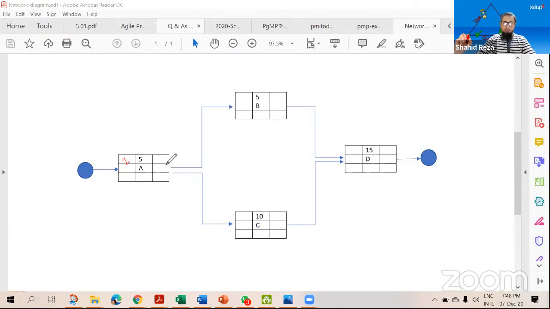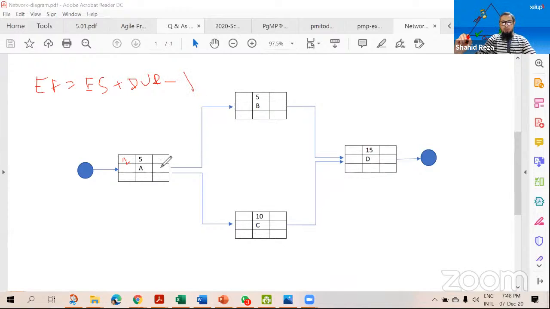Then how do we find early finish? There is a formula. Early finish equals early start plus duration minus 1. This is the formula to calculate the early finish of a task.